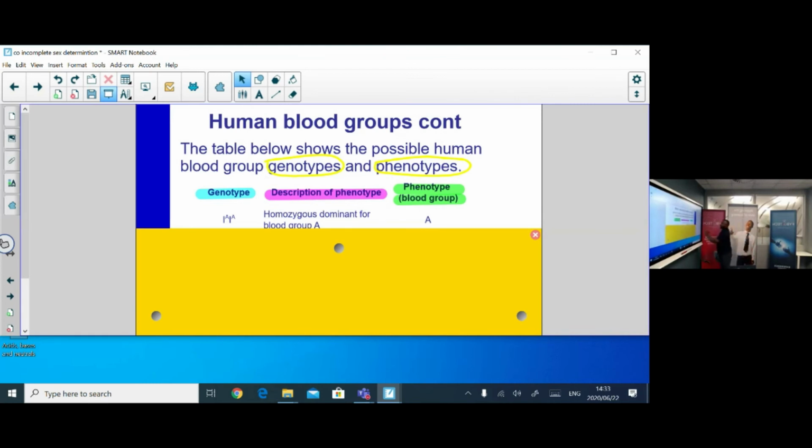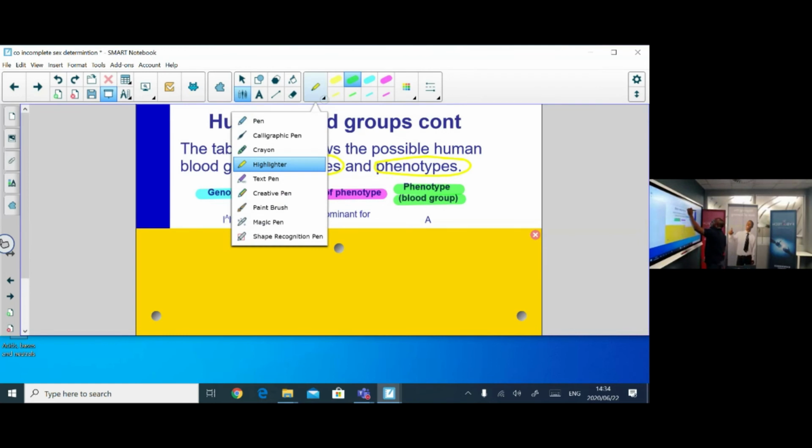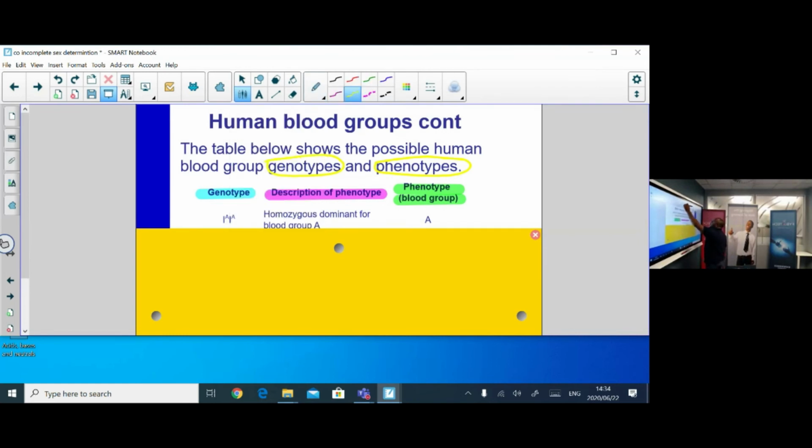In this case, blood group A in a homozygous dominant blood group, and then the phenotype. So if it's A, the genotype of A, we write it like this. It's an accepted notation.